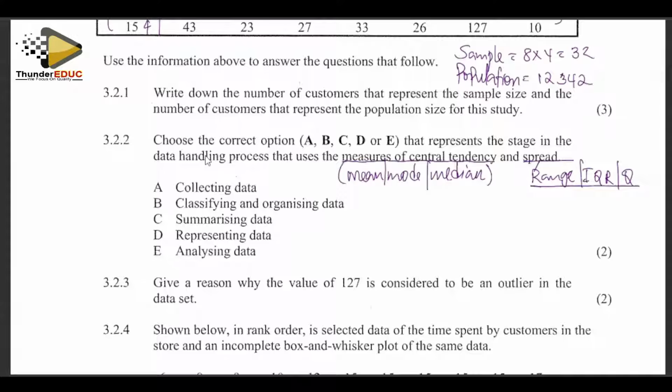They belong to C, whereby we are summarizing the data. Data collection, when you're starting, classifying, that's when you use the tables and knowing whether it's categorical. You use the frequency tables. Then summarizing, that's when you use the measures of central tendency and spread. Representing, you use graphs. Analysis, that's when you go deeper to find out which one is skewed and what.